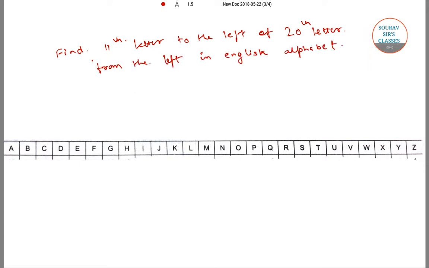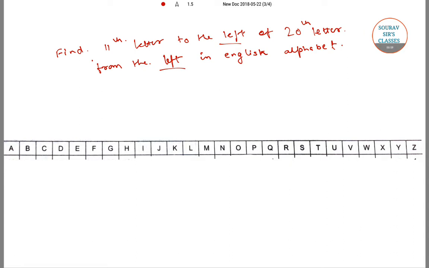Now, if we have to find a letter to the left of some letter that is counted from the left-hand side, then we find the difference.